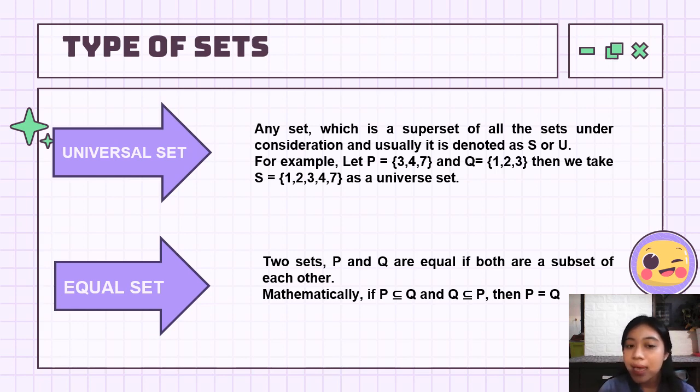Then we take S as {1, 2, 3, 4, 7} as a universal set. And the last is equal set. Two sets P and Q are equal if both are a subset of each other. Mathematically, if P is a subset of Q and Q is a subset of P, then P equals Q.